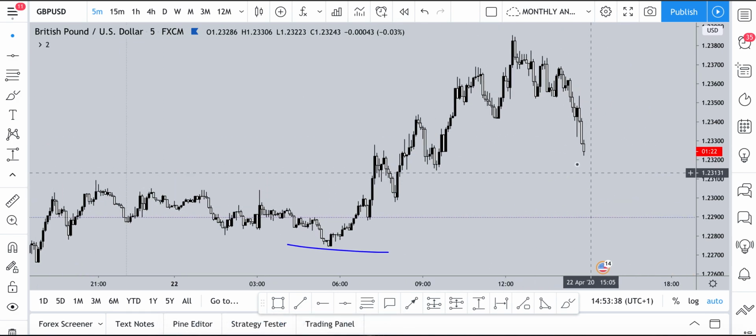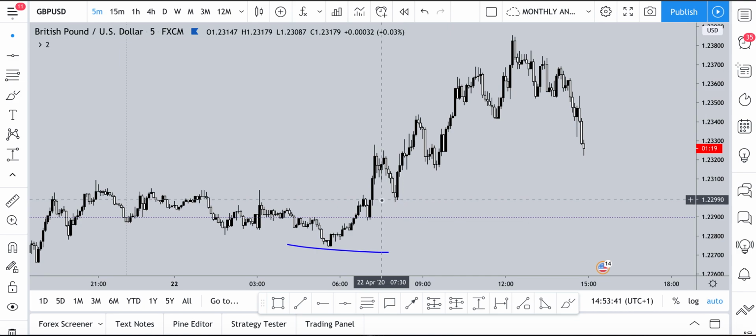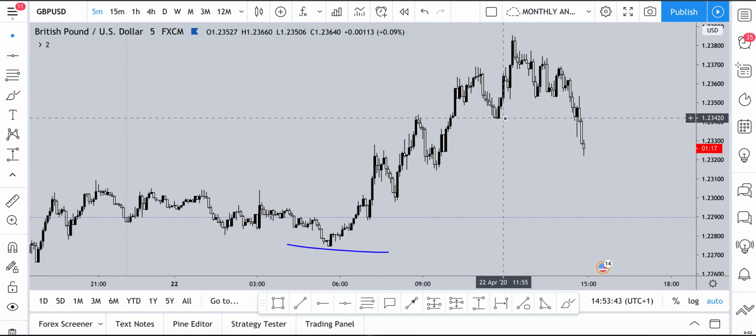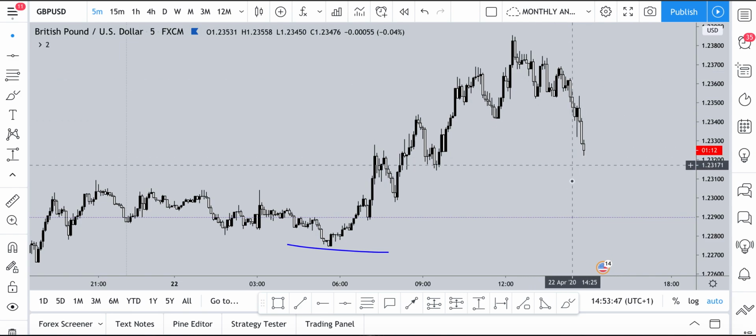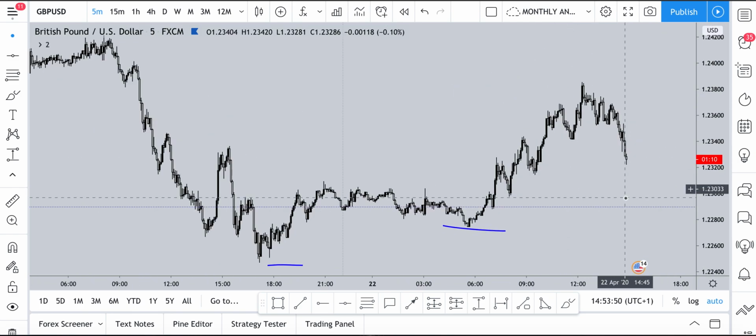You don't know, right? Buyers might start stepping in the market here, right? They stepped in here, they stepped in here, they stepped in here, but they didn't step in here. Actually, sellers took control and have pushed it back down. But you can expect price, right?